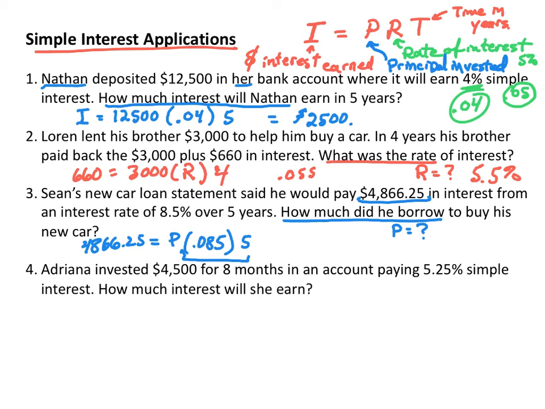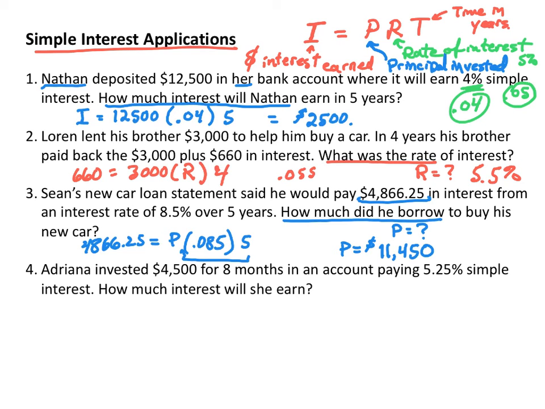I'm going to divide that into $4,866.25. And I should get $11,450. So P equals, put a dollar sign on there, $11,450.